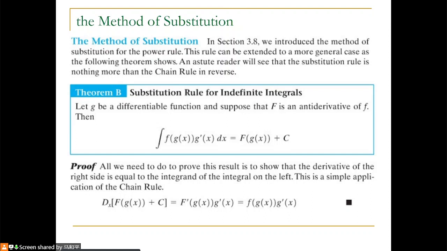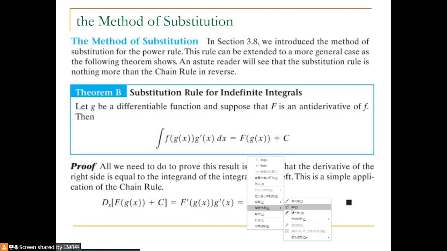Okay, if we want to prove this result, all we need to do is to show that the derivative of the right side is equal to the integrand of the integral on the left. This is a simple application of the chain rule. We just calculate this derivative here.